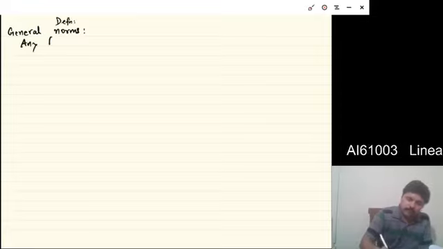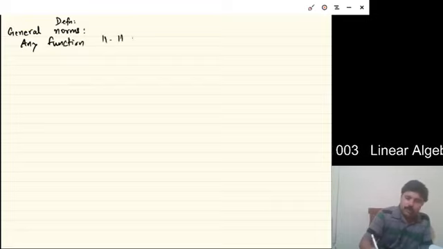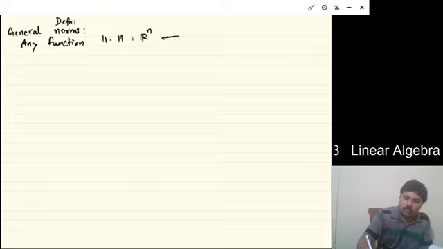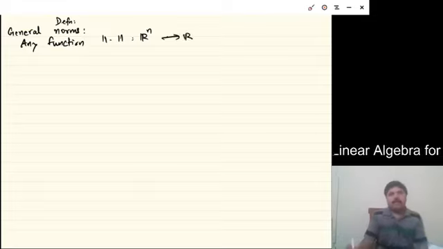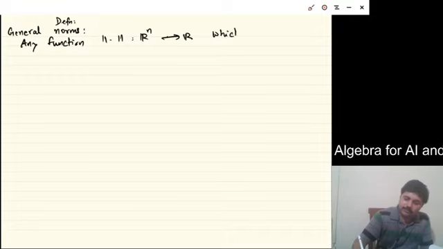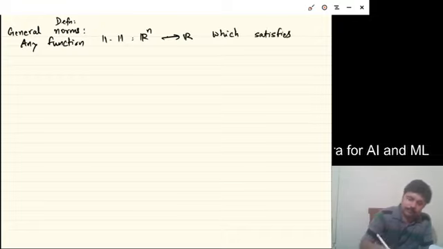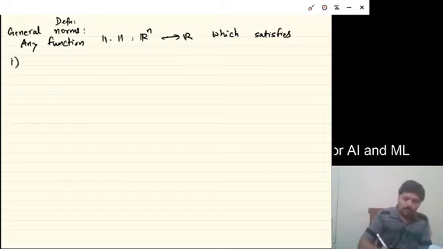Any function f, going from Rn to R, which satisfies these four properties. What are those four properties?